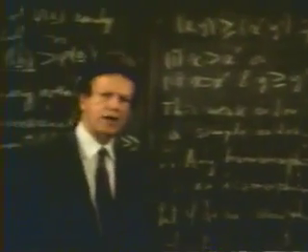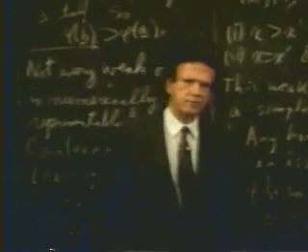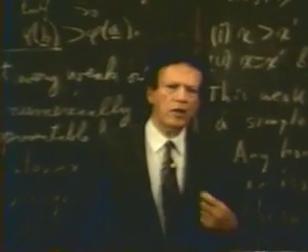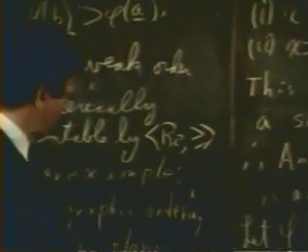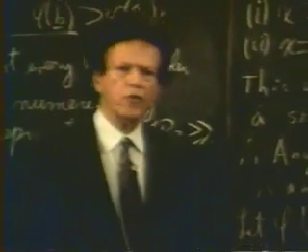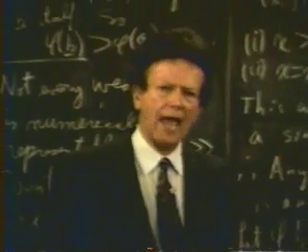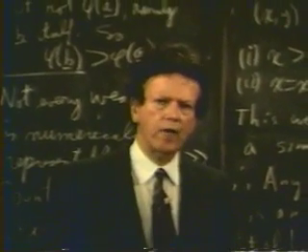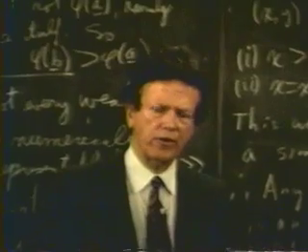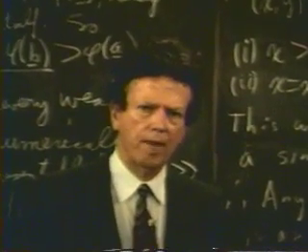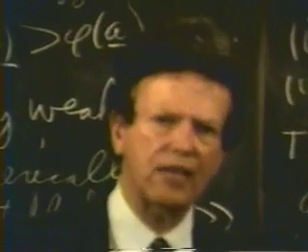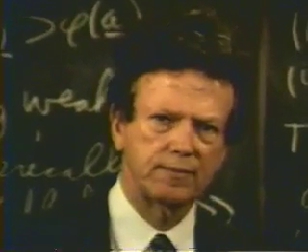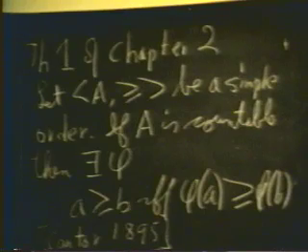The question to which we now want to turn: when the set A is infinite, as in the case we just considered of the Cartesian plane, what further conditions must be added in order to guarantee a representation? First, we consider the case where the set A is countable. So we turn now to the first theorem of Chapter 2.